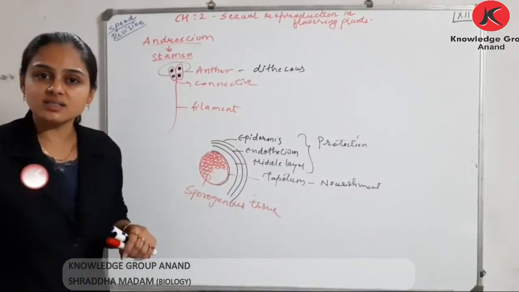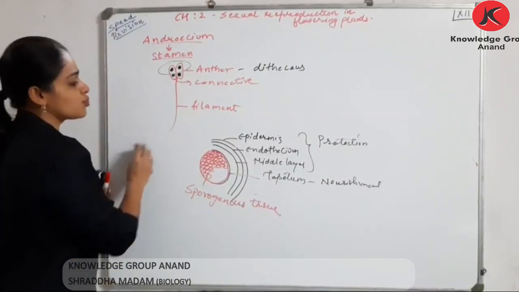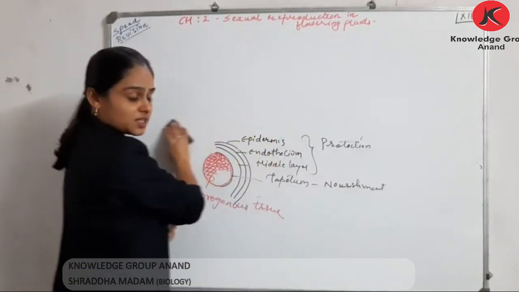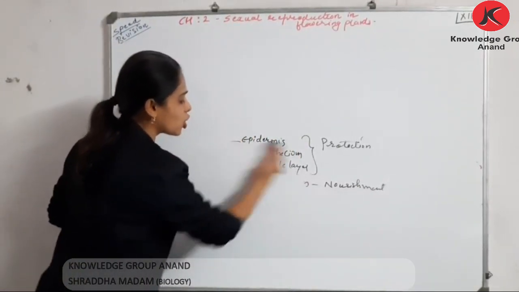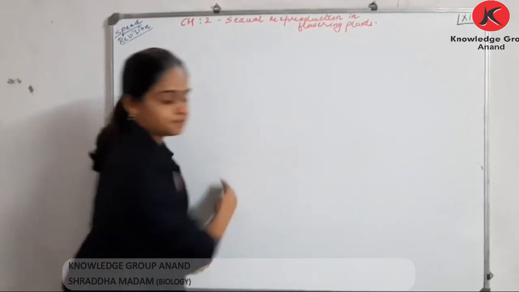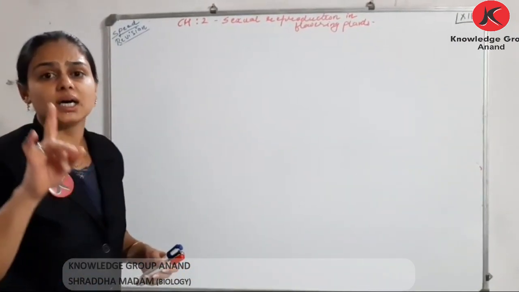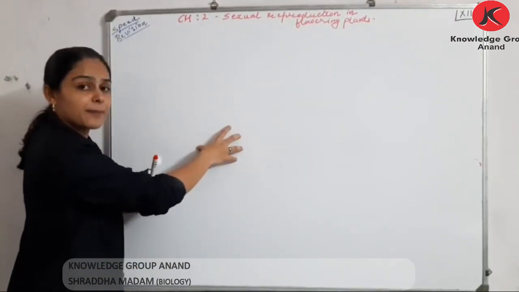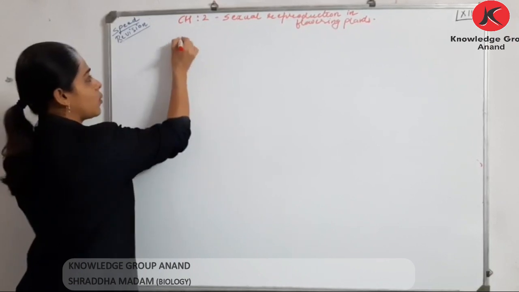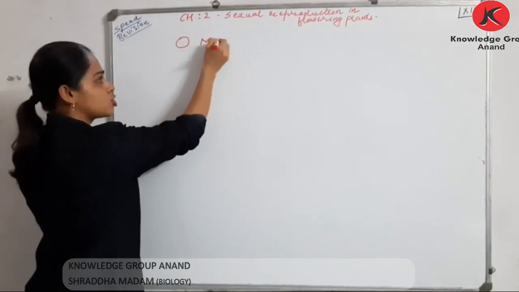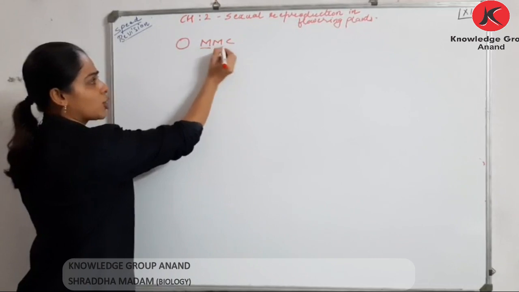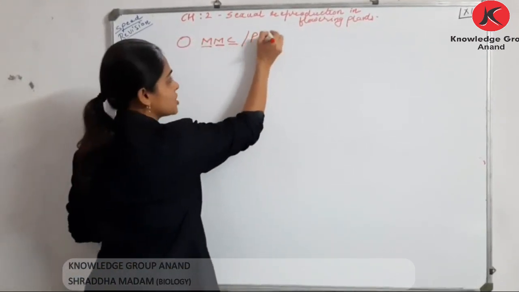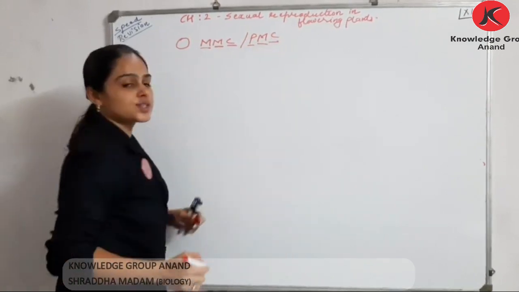Now let us discuss the process of microsporogenesis. Microsporogenesis, as the name suggests, is the formation of microspores from microspore mother cells. Have a look over here. जो मैंने sporogenous tissue यहाँ पे ड्रॉ करा था, उसमें से one cell differentiates into MMC, microspore mother cell, or you can say PMC, that is pollen mother cell. ठीक है?